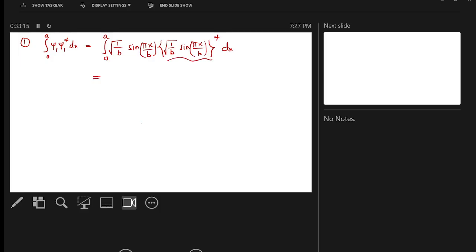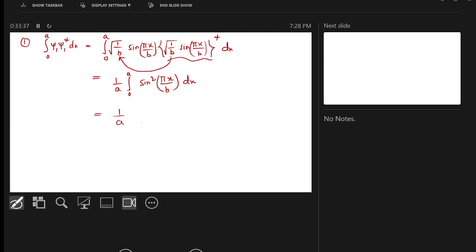This term will be multiplied by itself. We have 1 by b, which is a constant, and we can take it out, leaving sine square pi x by b dx.